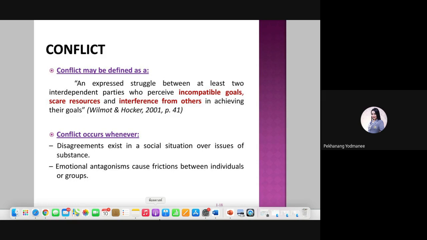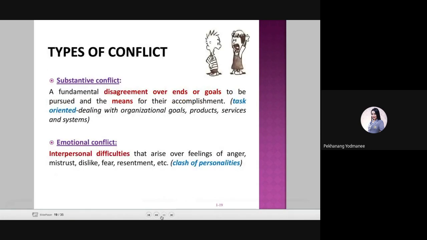Okay, conflict occurs whenever disagreements exist in a social situation over issues of substance, or emotional antagonism causes friction between individuals or groups. Okay, next, type of conflict.